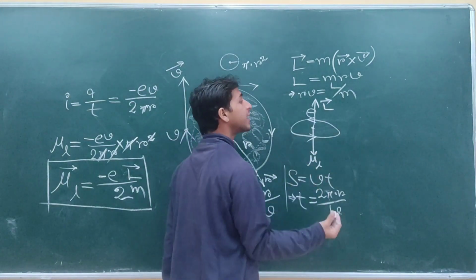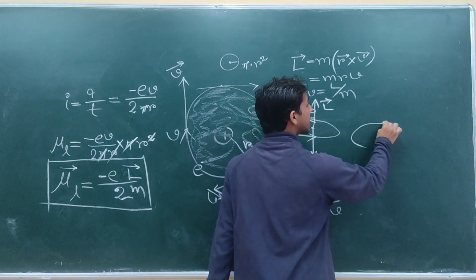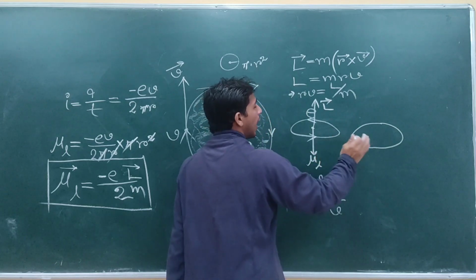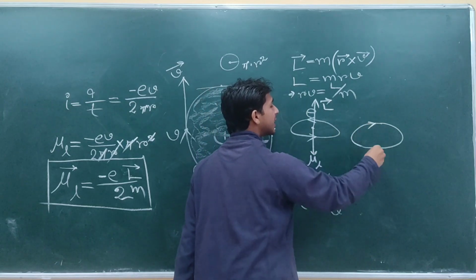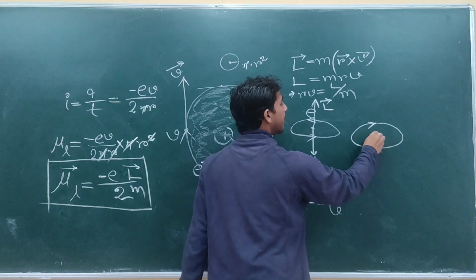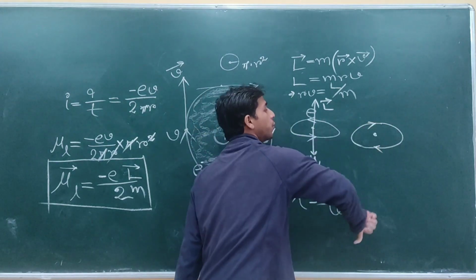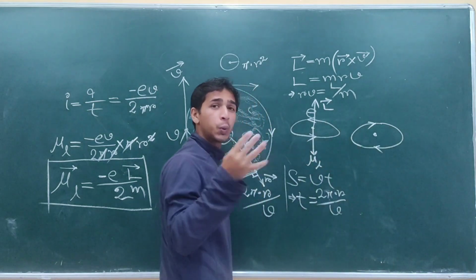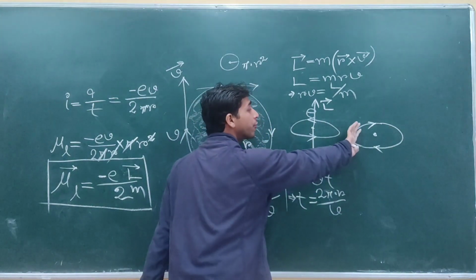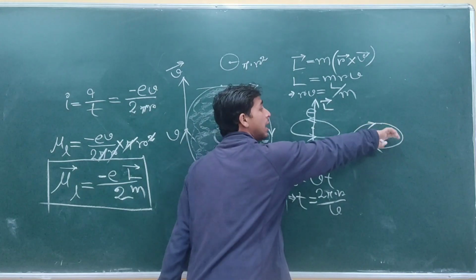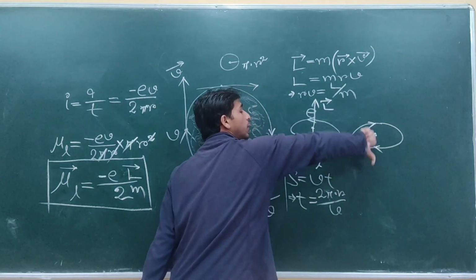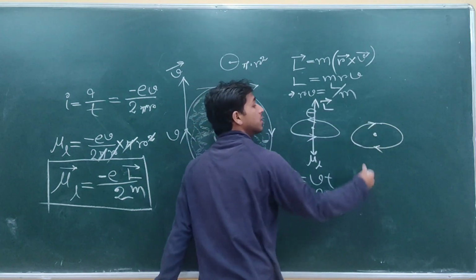Similarly, if you take another example where the electron is circulating clockwise, in that case you will see the orbital angular momentum will be pointing downwards. Let's do it together. Curl your fingers along the motion of the electron, and your thumb will point to the bottom.